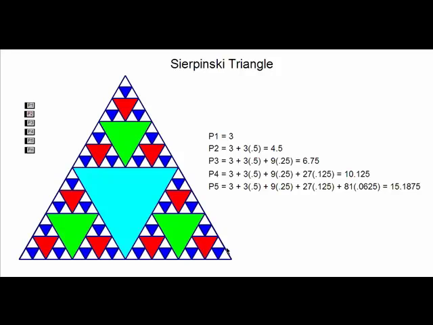To find the perimeter of piece 5, we get piece 1 plus piece 2 plus piece 3 plus piece 4 plus 81 times 0.0625. Just like our other steps, 0.0625 is the length of our triangle segments, and there are 81 line segments represented in the new equilateral triangles. By adding all these together, we get 15.1875 units.